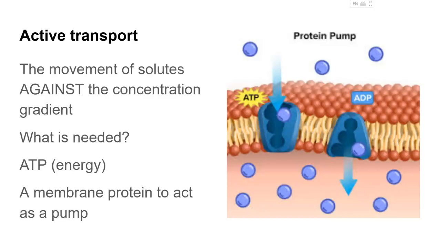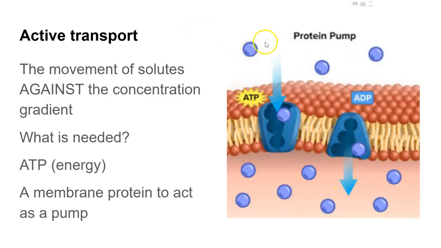So active transport, here's an example of this. This is the movement of solutes against the concentration gradient. So here we have just 3 solutes on this side and a lot over here, but the proteins are going to continue to pump solutes onto this side, into the cell, because the cell needs a higher concentration of them.